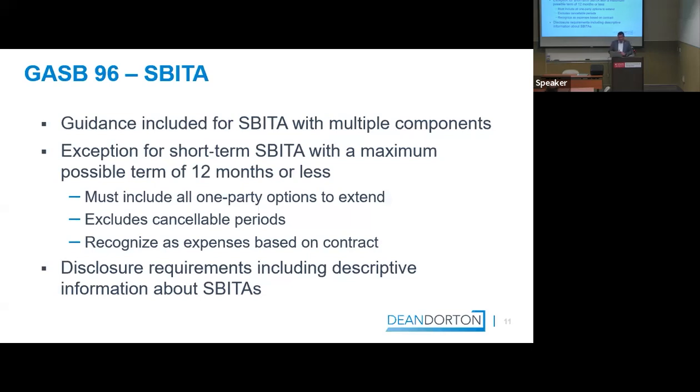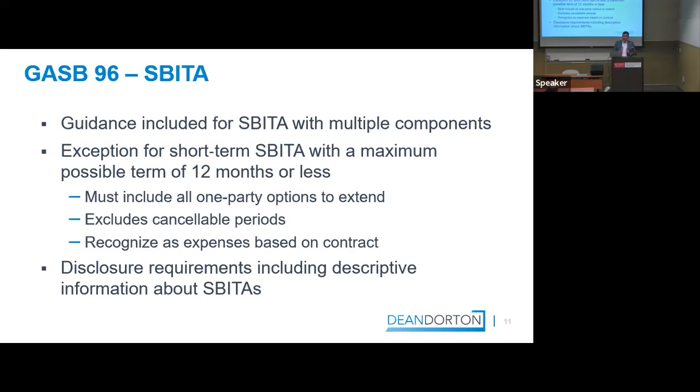There is an exception. There's actually a couple of exceptions, but the first exception is for short-term contracts that have a maximum possible term of 12 months or less. You must include any one-party options to extend. So if you, as the person subscribing to the software, have the option to extend, and the vendor cannot make you extend, that would be a one-party option to extend.